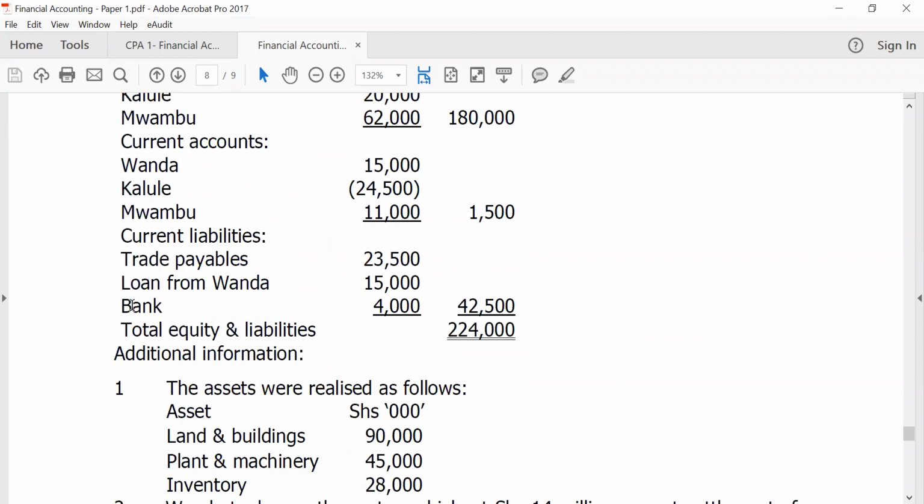So this bank itself has a balance brought down of 4,000. Even before you do anything on the bank account, you have a balance brought forward of 4,000. But this time, this balance brought forward is actually on the credit side because it's a bank overdraft. So you need to pick this and take it to the bank account as the first item that you record there.